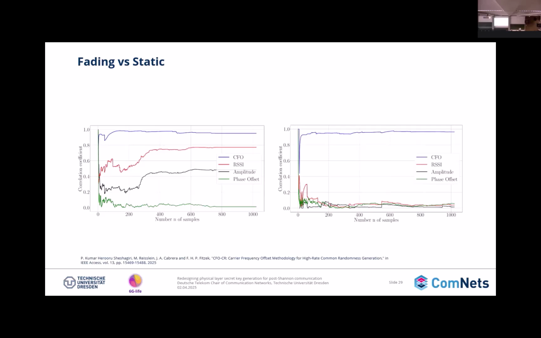Yeah, so the idea is that whatever you're observing for common randomness generation, it has to be highly correlated and it should display certain entropy properties. So as long as we maintain this, we should be able to generate common randomness, irrespective of what we're observing.